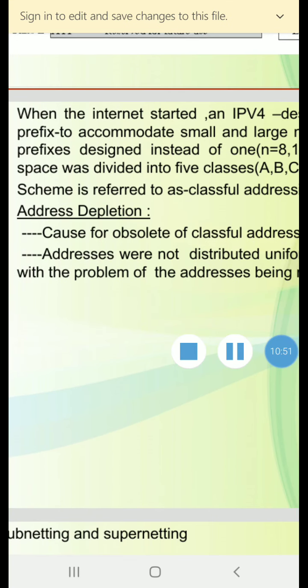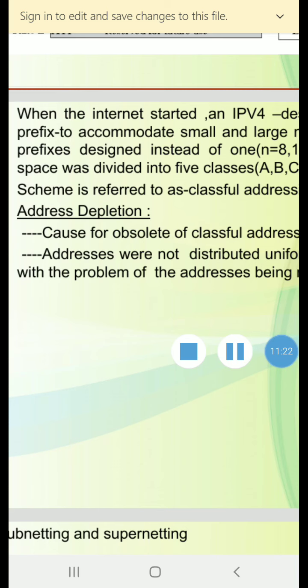Next we'll start with address depletion. Since the addresses were not distributed properly, classful addressing has become obsolete. The internet was then facing the problem of addresses being rapidly used up, resulting in no more addresses available for organizations and individuals that needed to be connected to the internet.